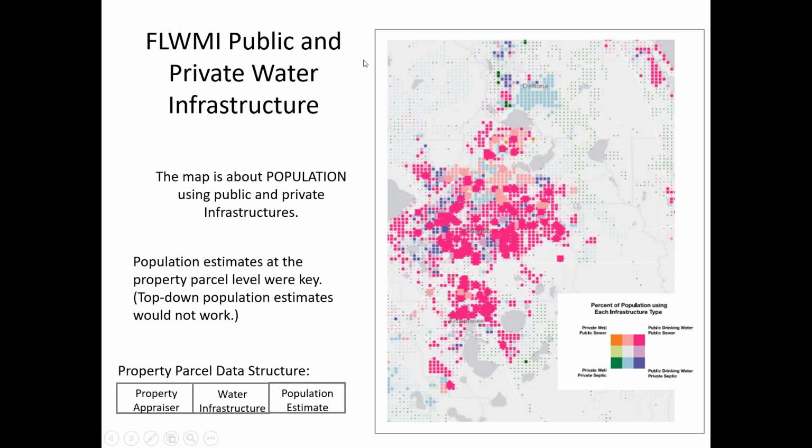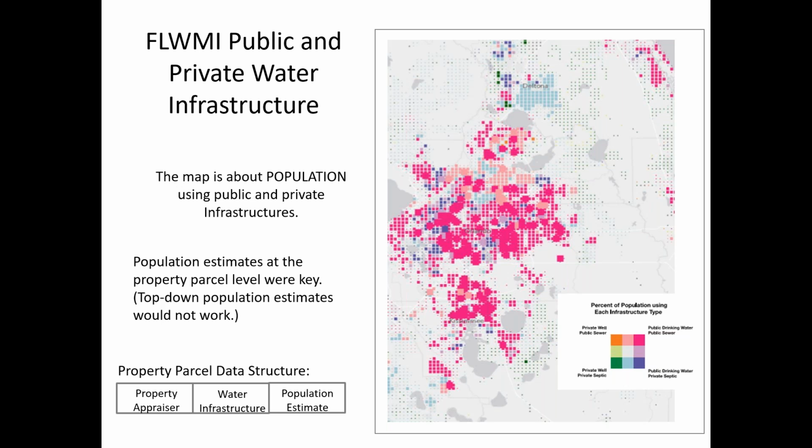So what we did is we realized that even though they collect the data at the land parcel, the map is really about population. You're asking, what is the percent of population that utilizes different types of water infrastructure? So we took the data from the Department of Health, and if you look at the bottom of the page, the property appraiser data, they had added their water infrastructure data to it.